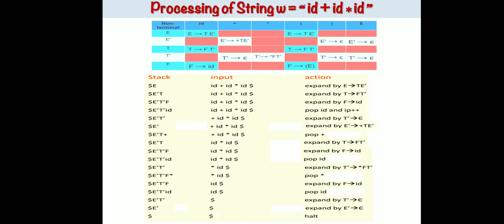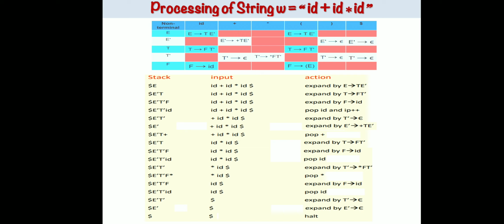So as we can see, T arrow F T dash. Then again with respect to T, we will expand T by F T dash. Firstly T dash will enter in the stack, then F will enter in the stack. So we got E dash T dash F, then F is replaced by id, so id will enter into the stack.